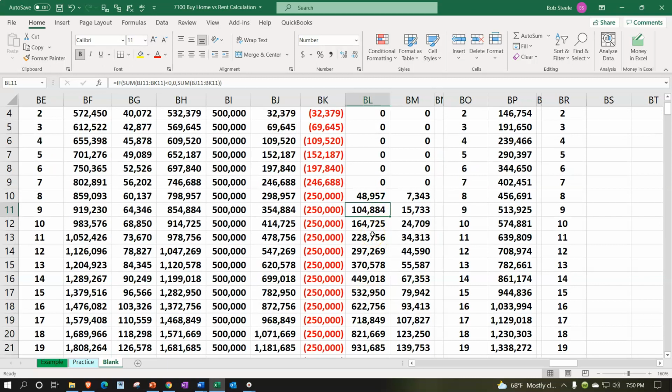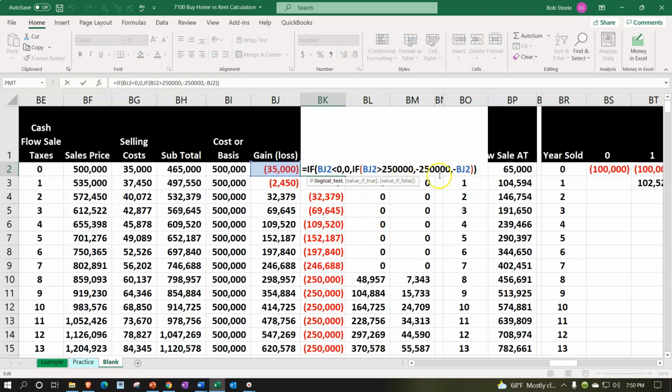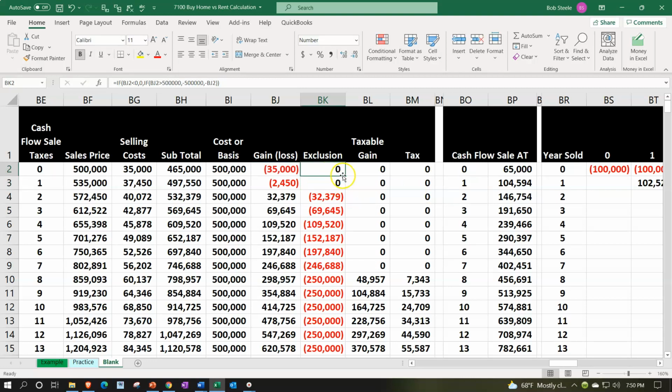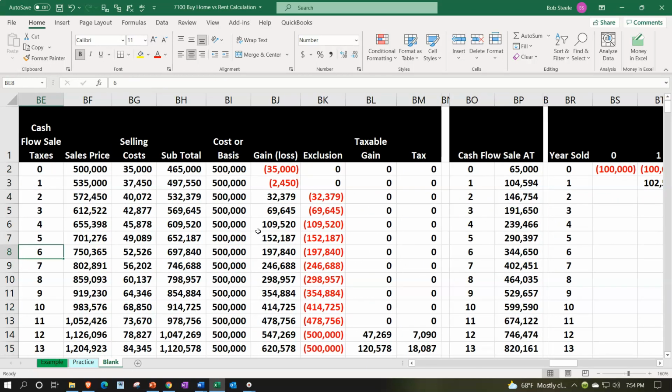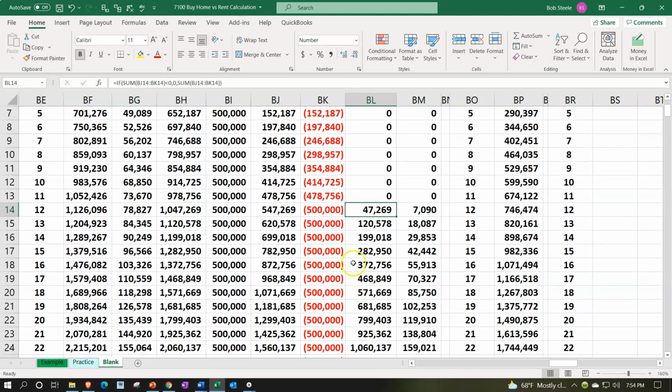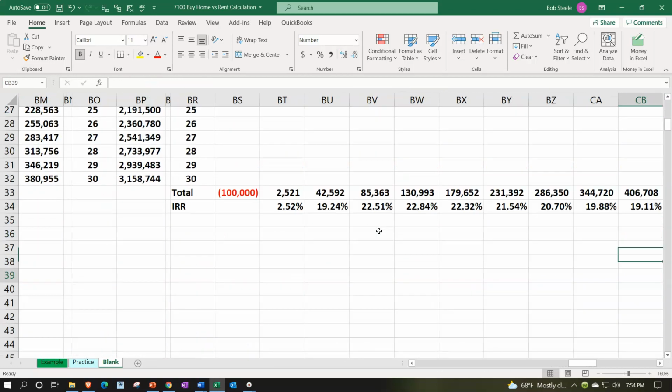Now, if we were to increase the capital gains to 500,000, if they were married, for example, just to test this out, say we're married instead of single, let's make this 500,000, and cap that out. We have the exclusion here still kicking in after year 12, and then it caps out at that 5,000. So we had it increase quite a bit there.